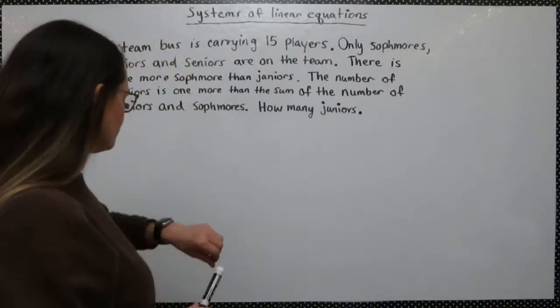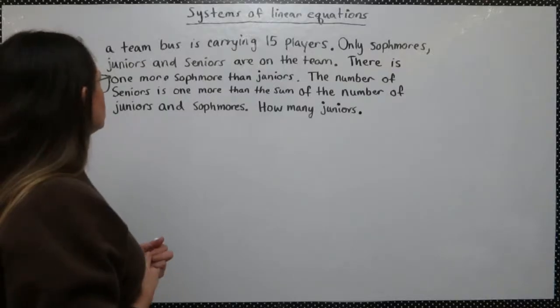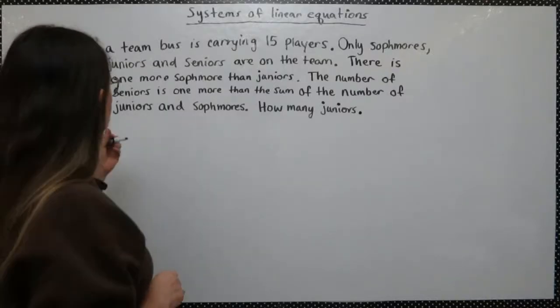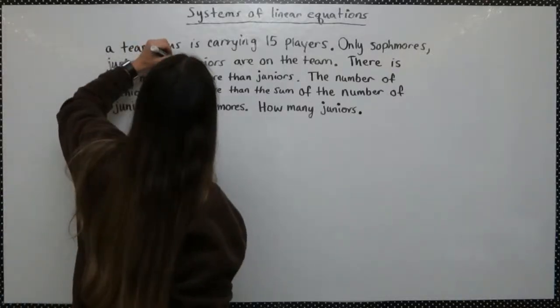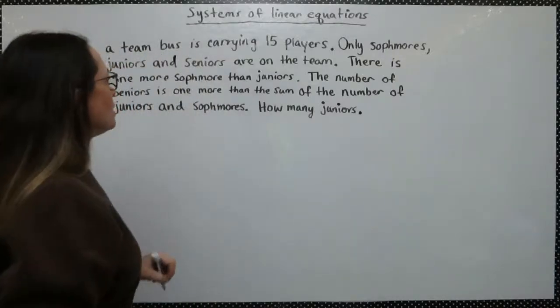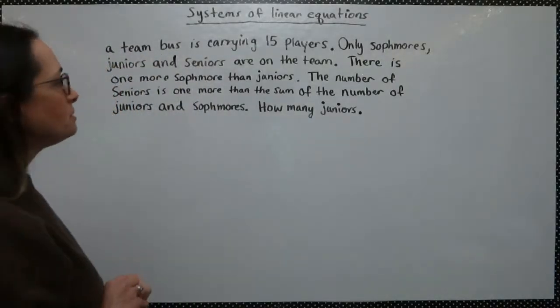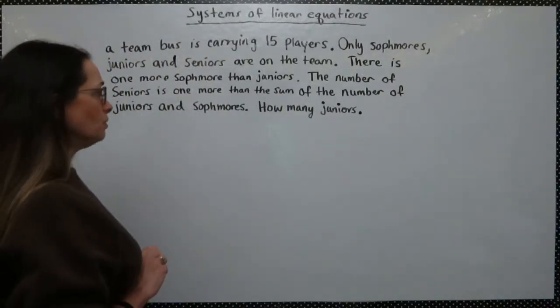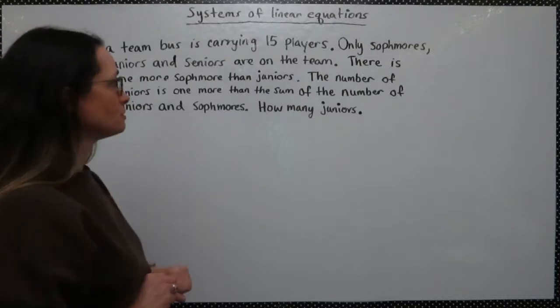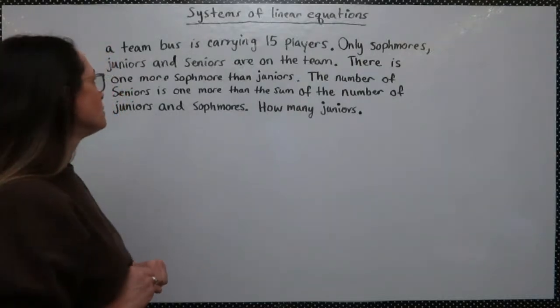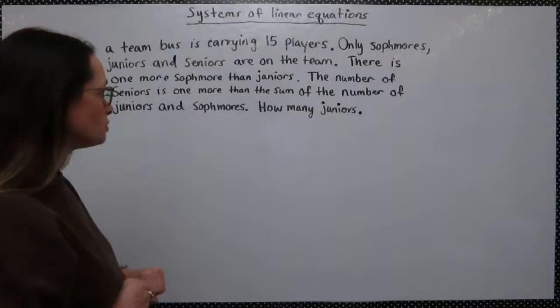All right, enough chit chat and running behind because of technical issues. So here we go. It says a team bus is carrying 15 players. Only sophomores, juniors, and seniors are on the team. There is one more sophomore than juniors.